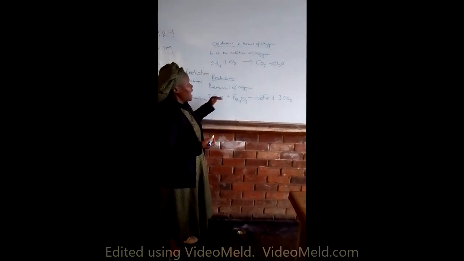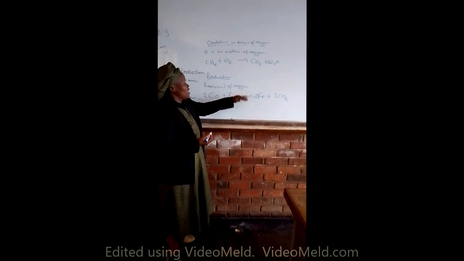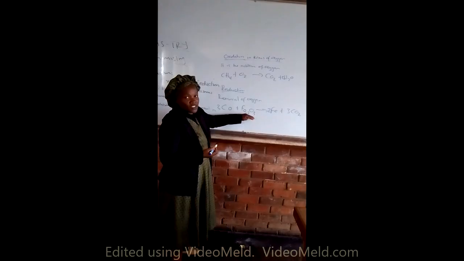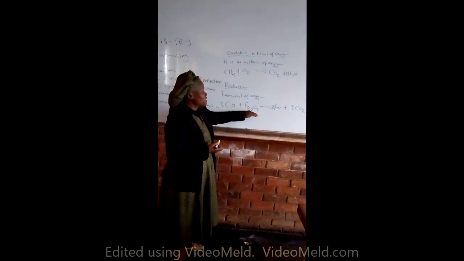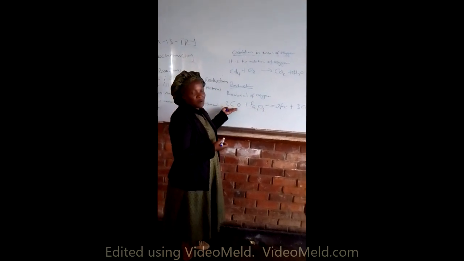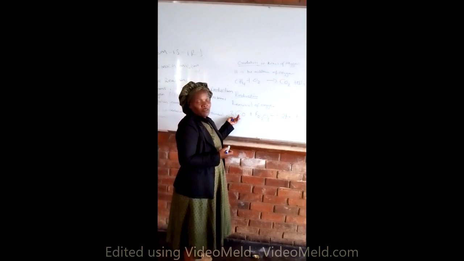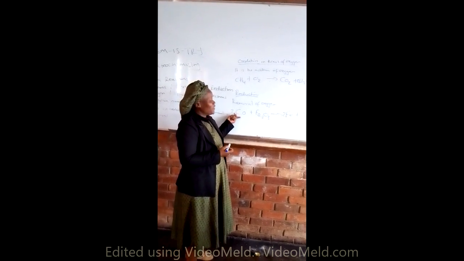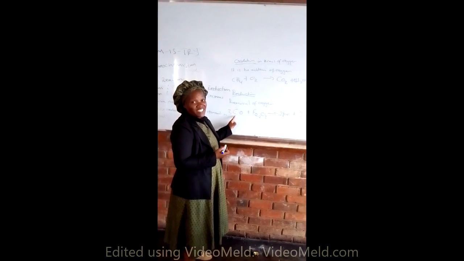So in this case, the iron in iron oxide is reduced. Why? Because oxygen has been removed from it. But what has happened to the carbon in carbon monoxide? The carbon in carbon monoxide is now oxidized. Why? Because oxygen has been added to it.